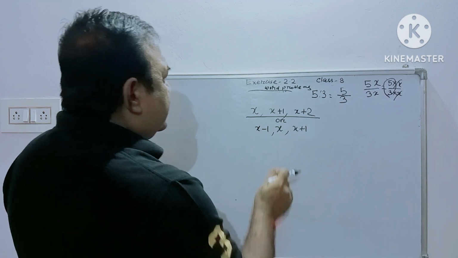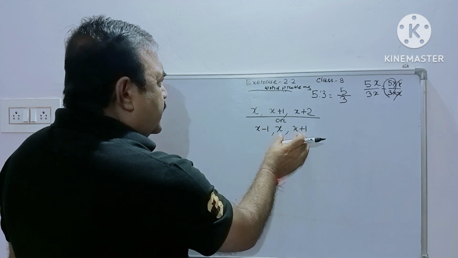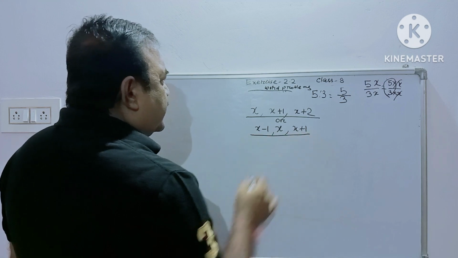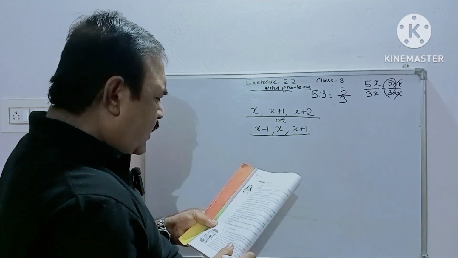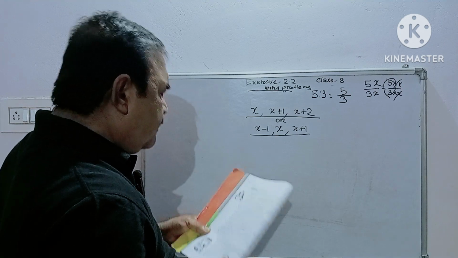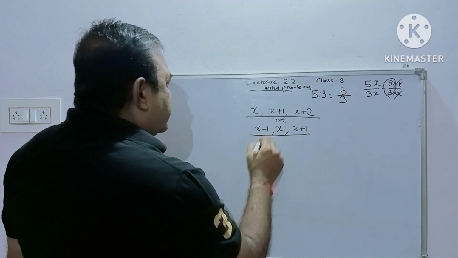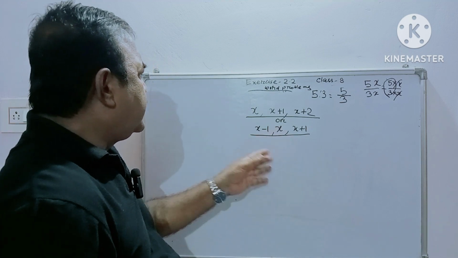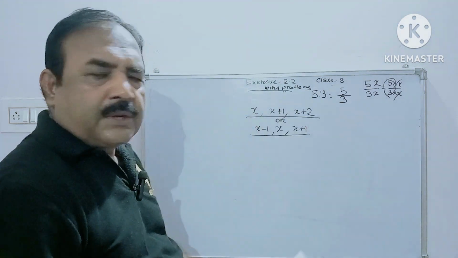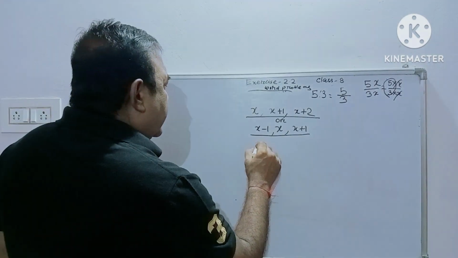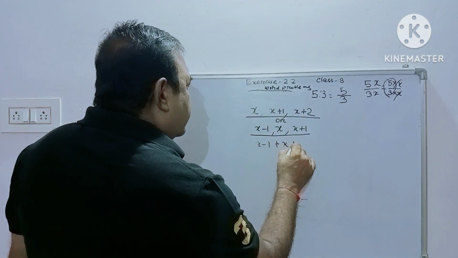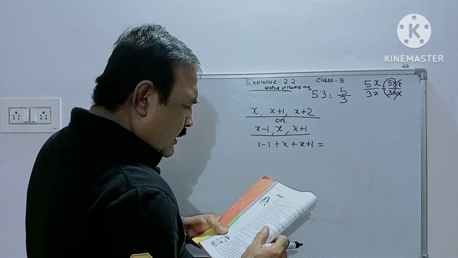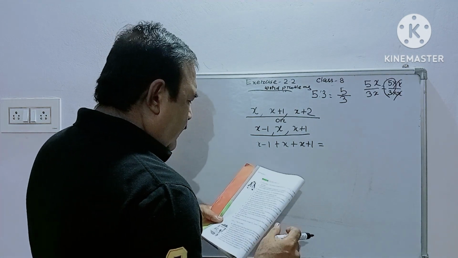So you see between two consecutive numbers the difference is 1, or not. So these are also three consecutive integers. If you add them, the sum is 51. So you write, let the three consecutive integers be x minus 1, x and x plus 1. You add them: x minus 1 plus x plus 1 is equal to 51.